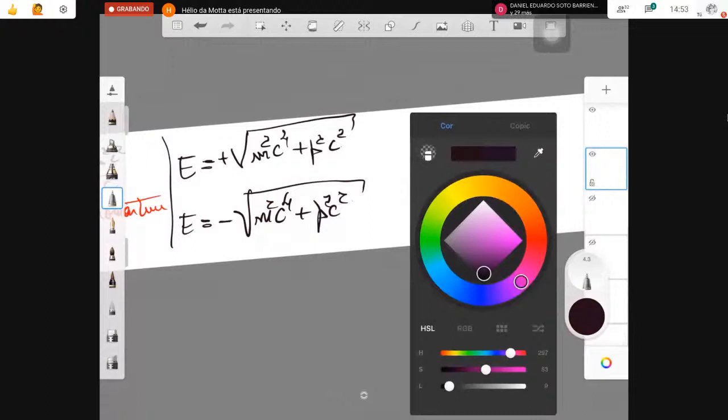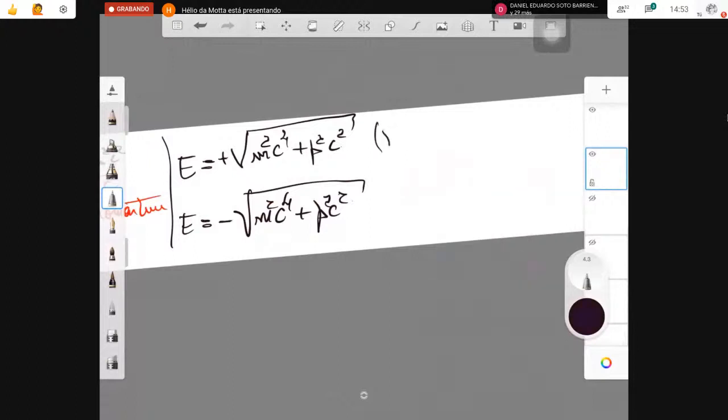The positive one is for a particle, and the negative one is for the antiparticle.